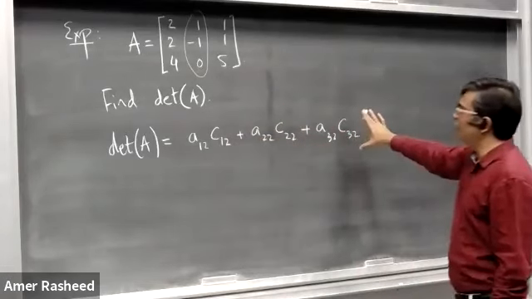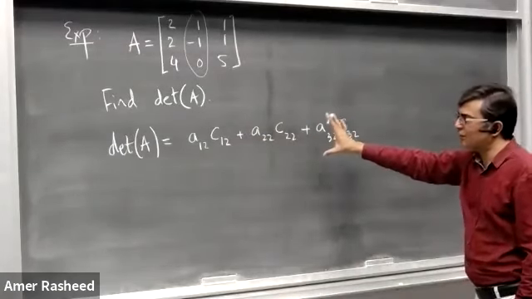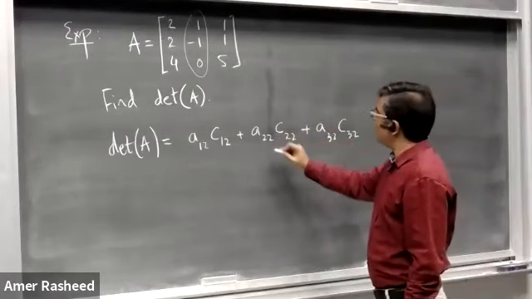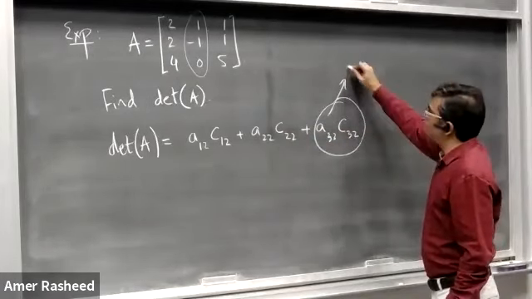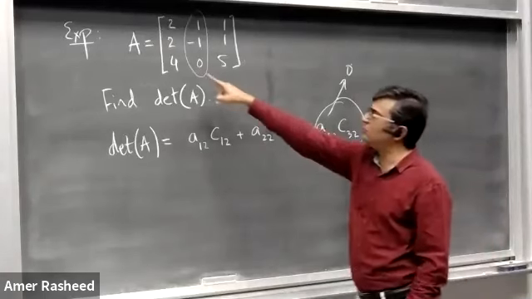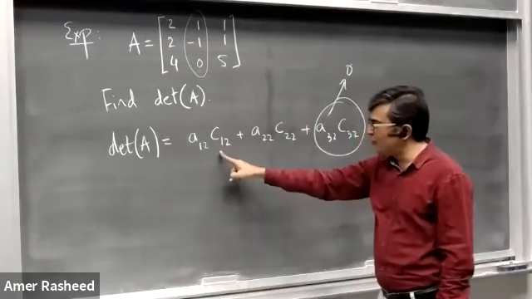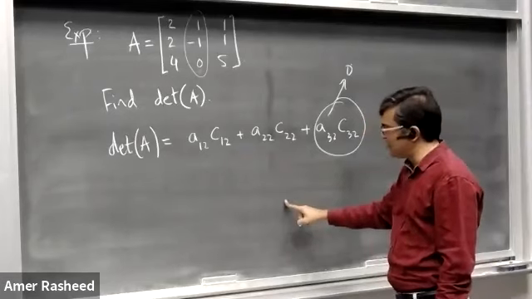So this will be your cofactor expansion for a 3 cross 3 matrix. Now, the last term will go to 0 because A32 is 0. Now, I have to compute only C12 and C22.